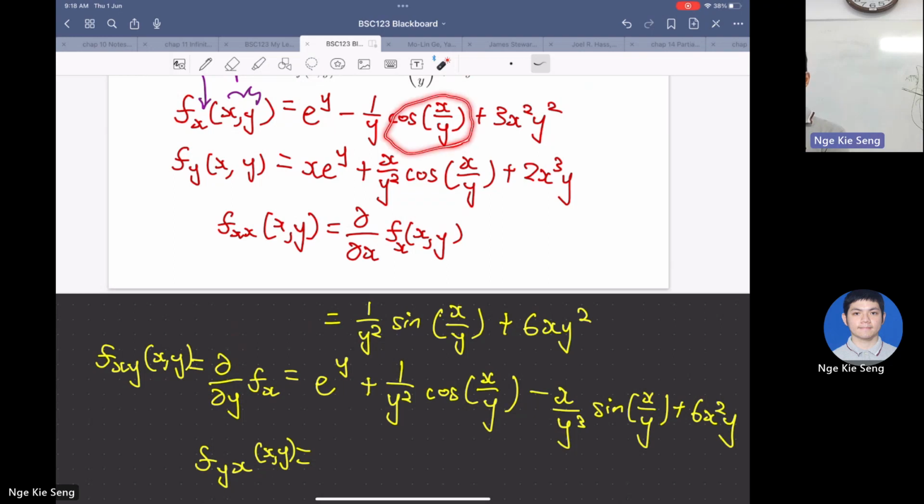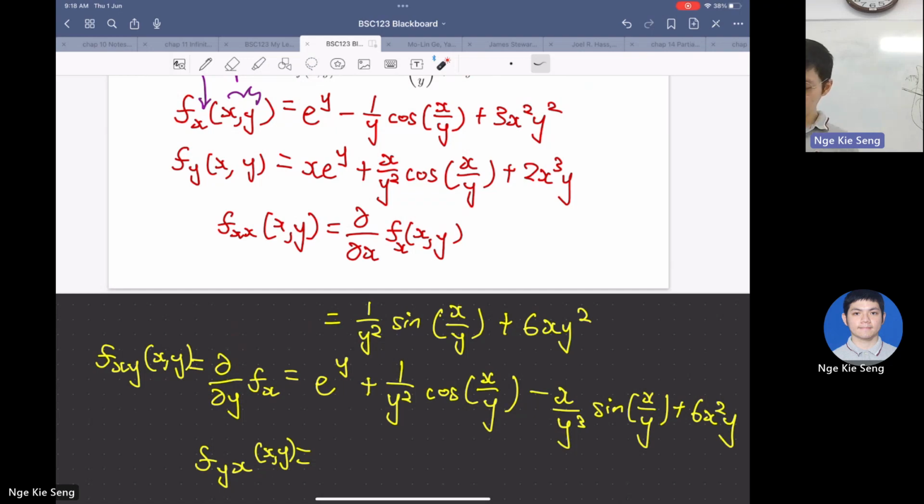The second term, we need to differentiate cos x over y, so we use the chain rule. You differentiate cos, you get minus sine. When you differentiate using the chain rule again, you get minus 1 over y squared. So minus, minus, still minus. Lastly, we differentiate 3x squared over y, we get 6x squared over y.